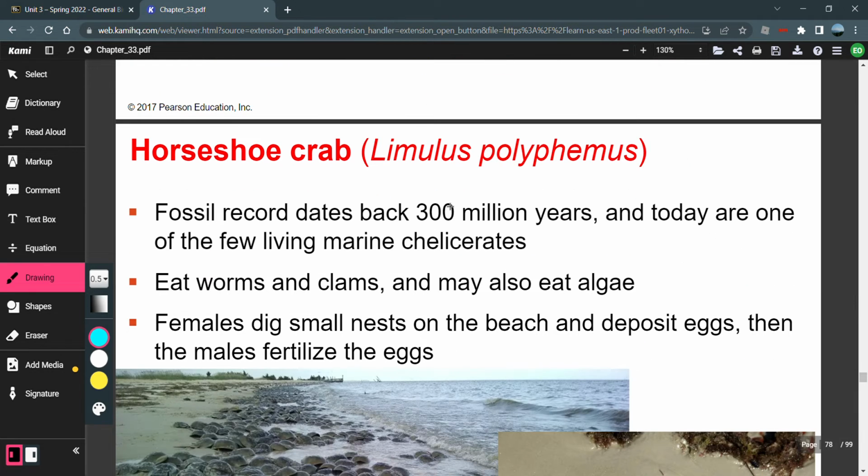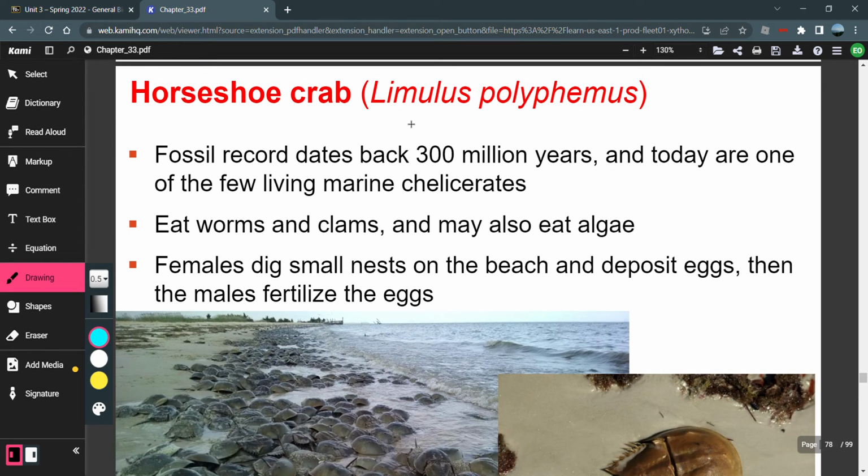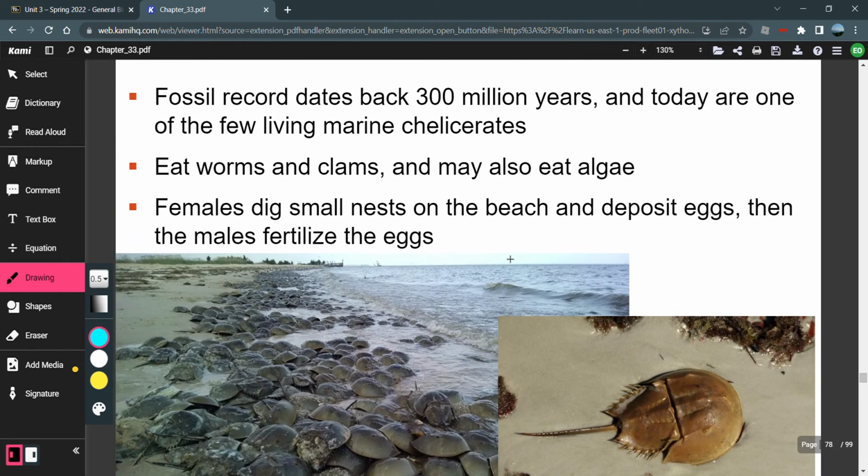Horseshoe crabs. The fossil record dates back 300 million years, and today they are one of the few living marine chelicerates. They eat worms, clams, and they may also eat algae. Females dig small nests on the beach and deposit eggs, then males fertilize the eggs.